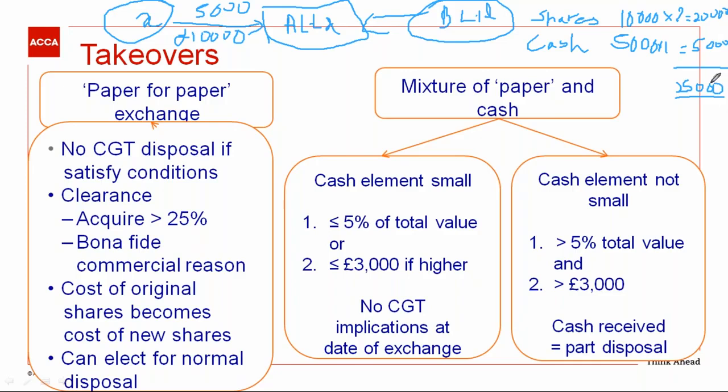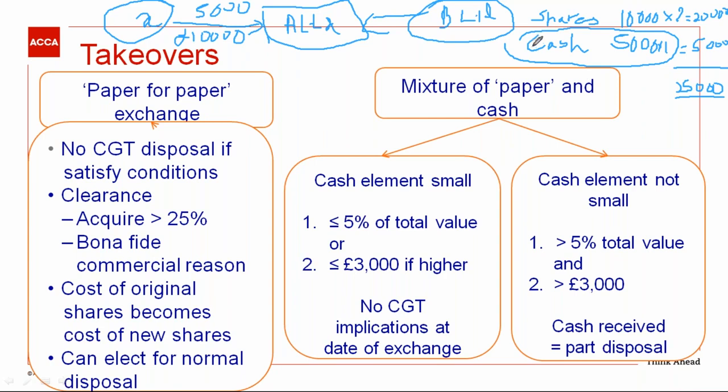Now this is mixed consideration, because you have received both cash and shares. In that case, for the cash amount that you have received, there might be an immediate chargeable gain. On this £5,000 that you received, you may have to pay CGT immediately.